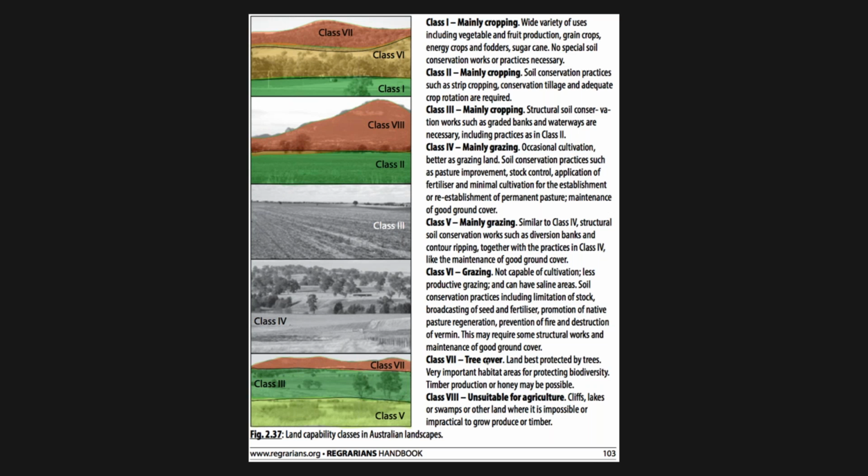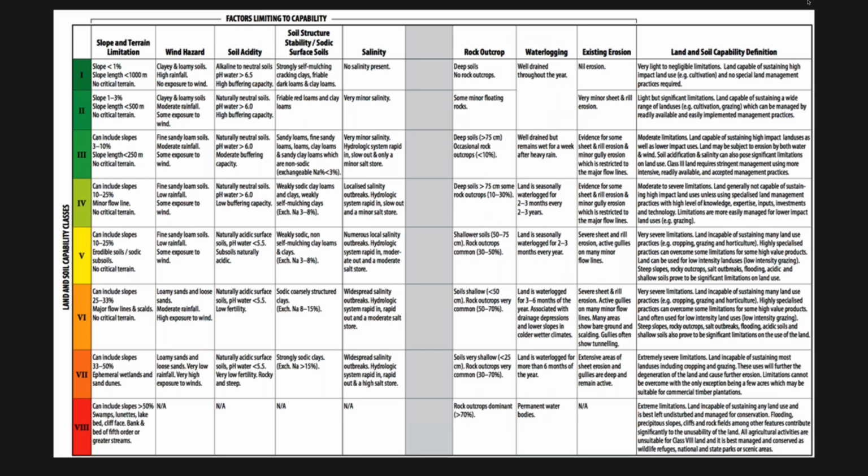Okay, so we've done enough there, and you can read through that. This is all in the Agrarian's Handbook, obviously. Now, the other thing, this is from New South Wales. New South Wales and Victoria, in Australia at least, as states, they've probably done the most work as far as having us understand land capability, because the soil conservation authorities in both of those states have been pretty strong and done a lot of work over a very long period.